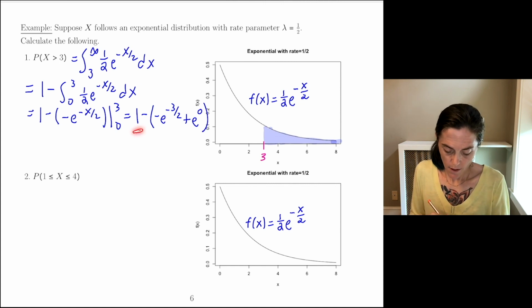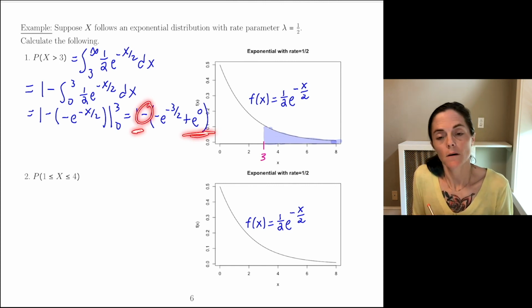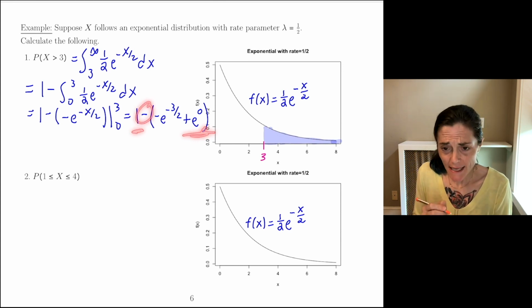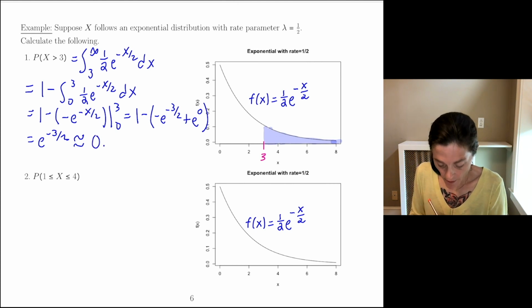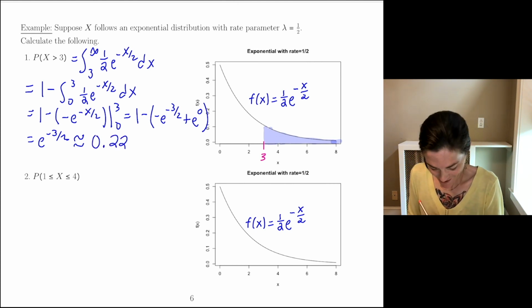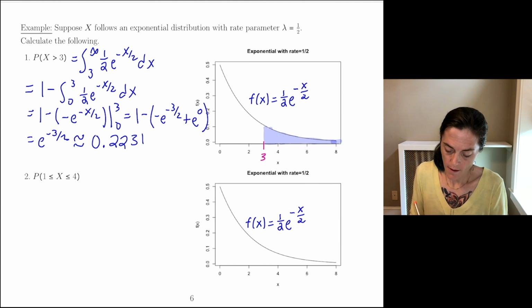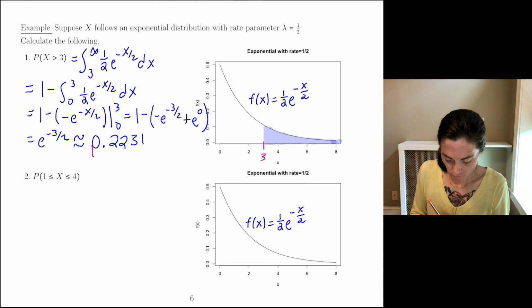Now, 1 minus 1, e to the 0 is 1. That's 0, so we just get e to the negative 3 over 2. This is approximately 0.2231.